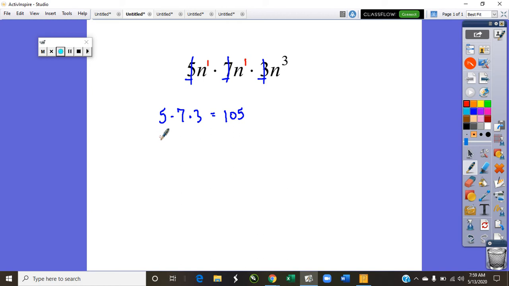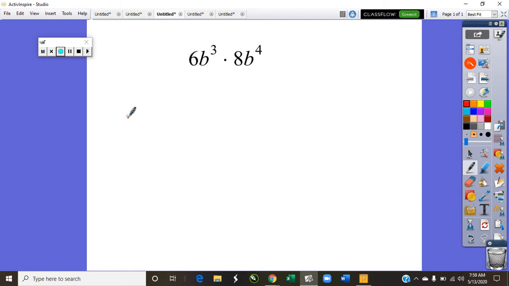So n times n times n, and my exponents should just add together. So 1 plus 1 plus 3 would give me n to the fifth. So 105 n to the fifth. Does that make sense? Okay, good. You guys pause the video and try this one.